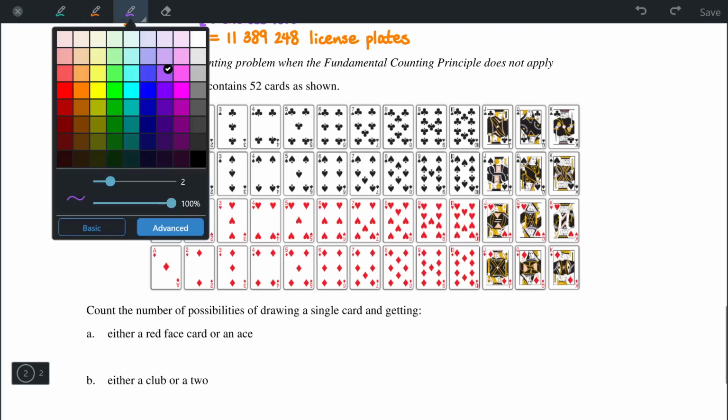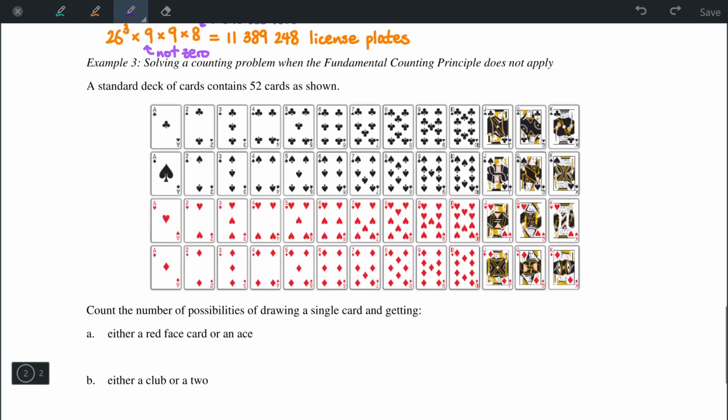So probably the best way to do this question is simply to look at what matches the criteria and simply put a check mark next to them. So red face card will be the Jack of Hearts, the Queen of Hearts, the King of Hearts, and then the Jack of Diamonds, Queen of Diamonds, King of Diamonds, and then, or an ace. So this would mean just any ace will do, so there are 4 aces.